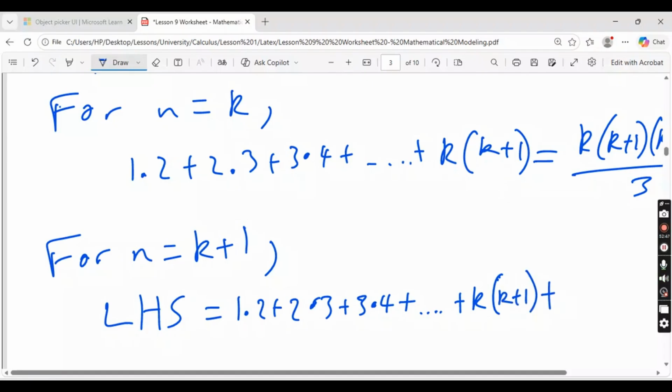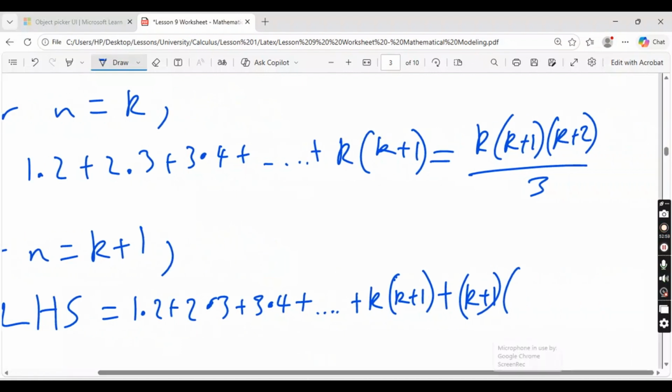Because we have n here where the k is, and this k is being replaced by k plus 1, which is this.